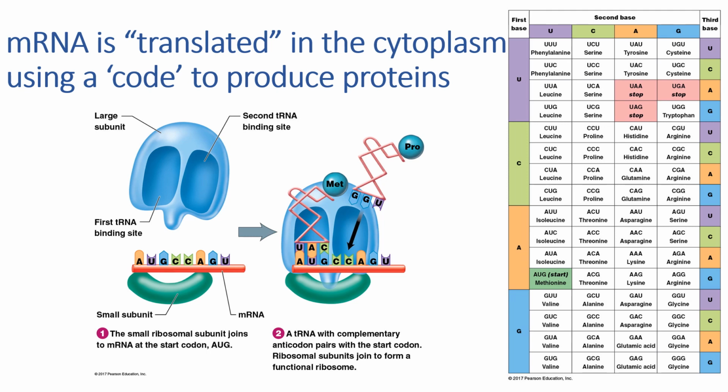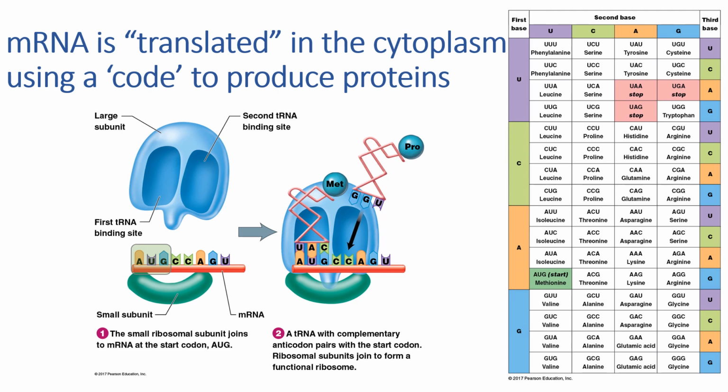In the cytoplasm, the mRNA is bound by a ribosome such that something called a start codon is revealed. The start codon is always a series of 3 nucleotides, A, U, and G in sequence.